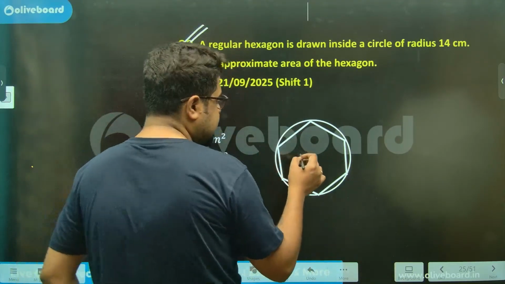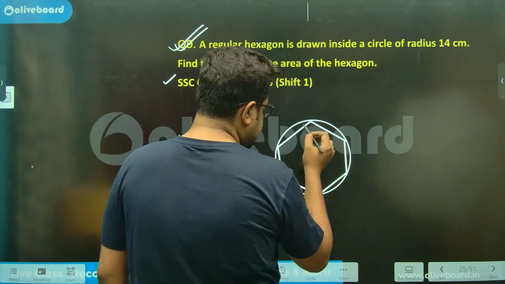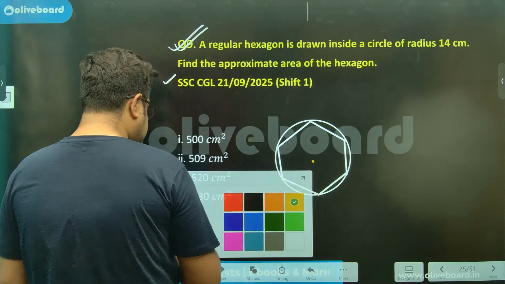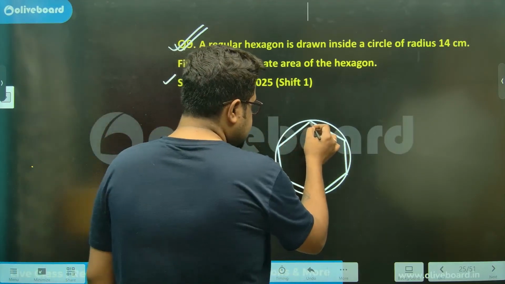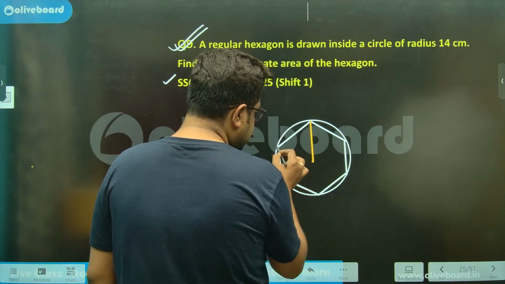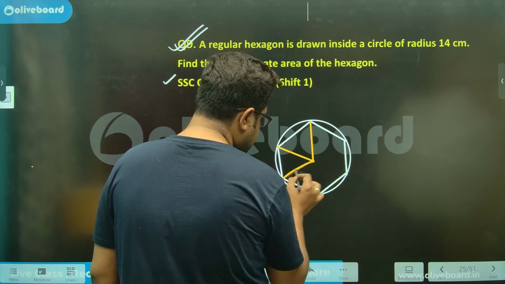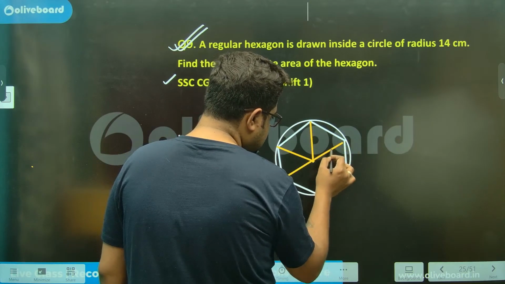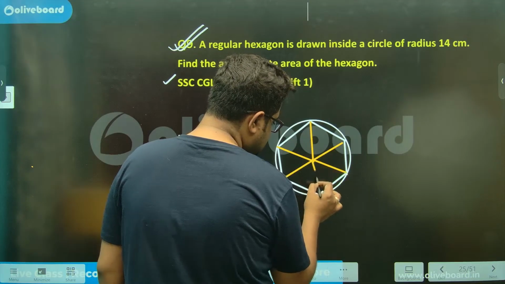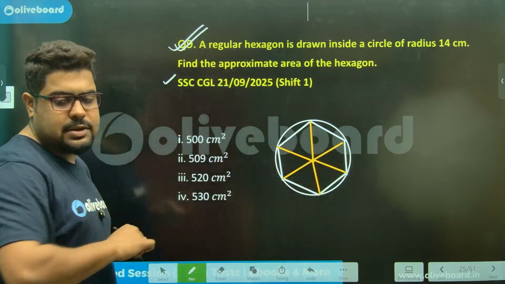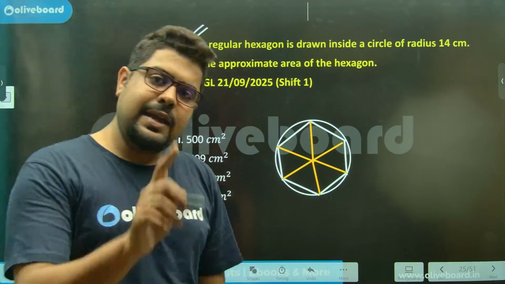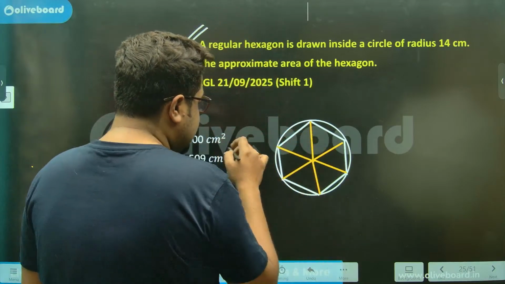Now, please understand, if I take this as my center and add these points, you see 6 equilateral triangles.